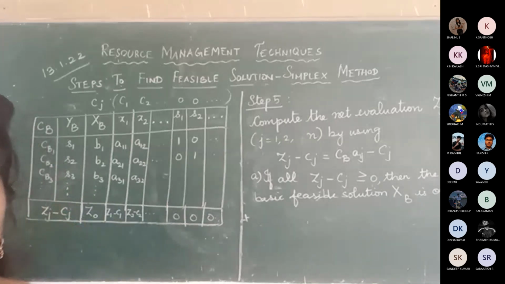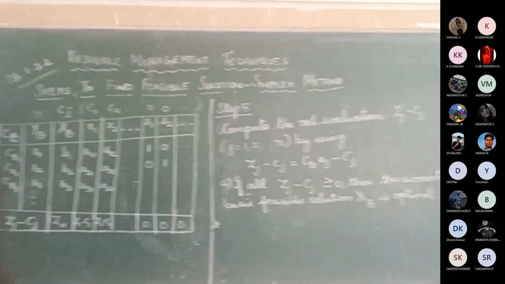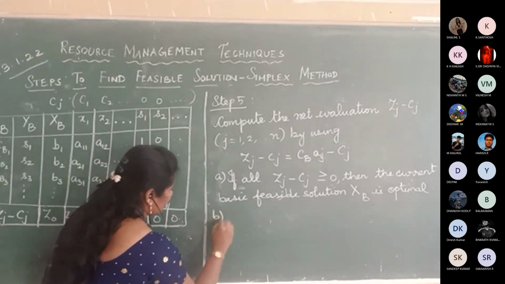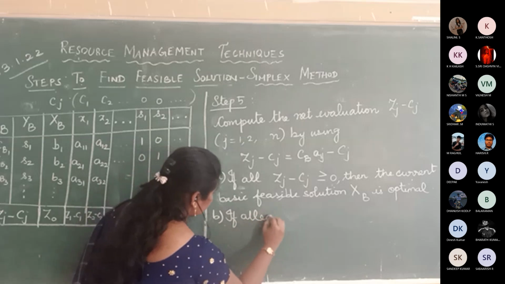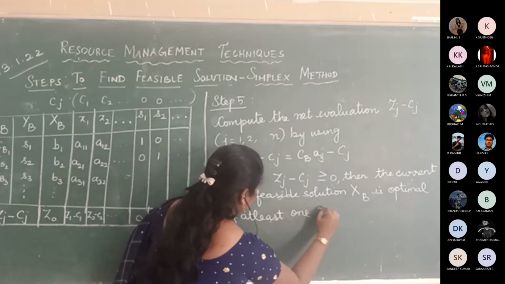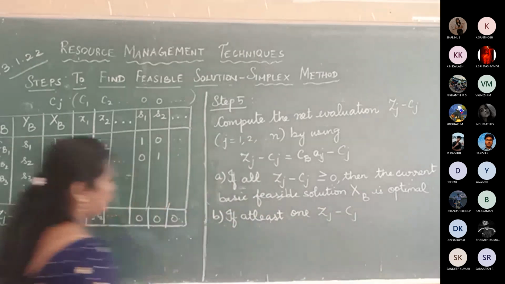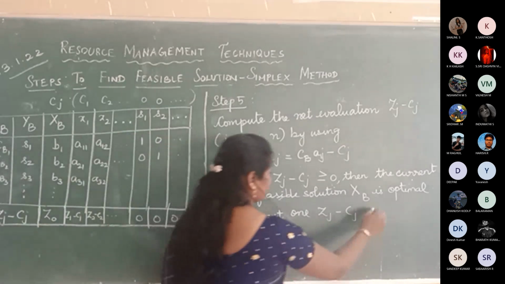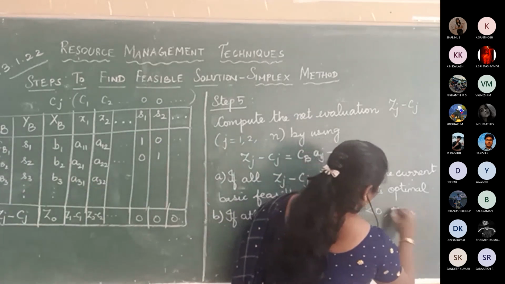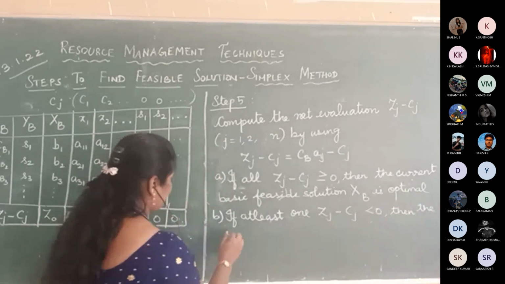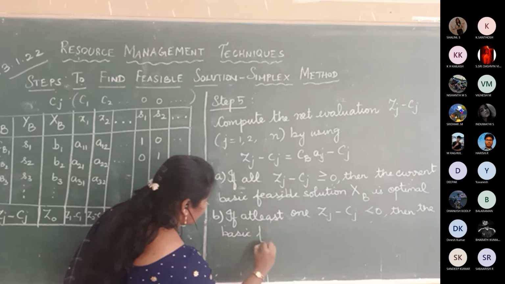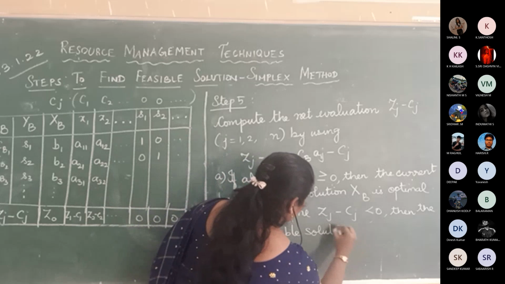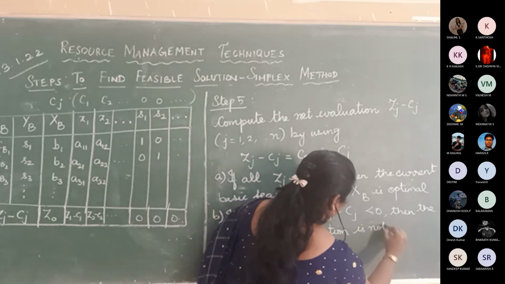But if the condition changes, and at least one Zj minus Cj is less than 0, then the basic feasible solution is not optimal.